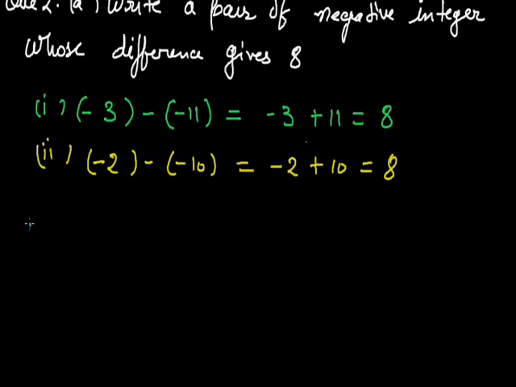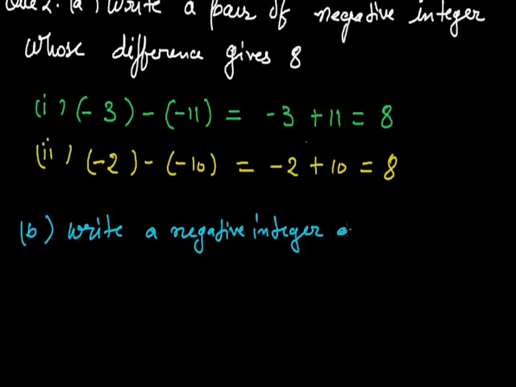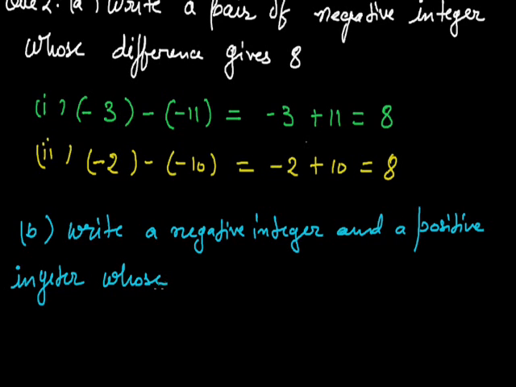Now the next part: write a negative integer and a positive integer whose sum is -5.